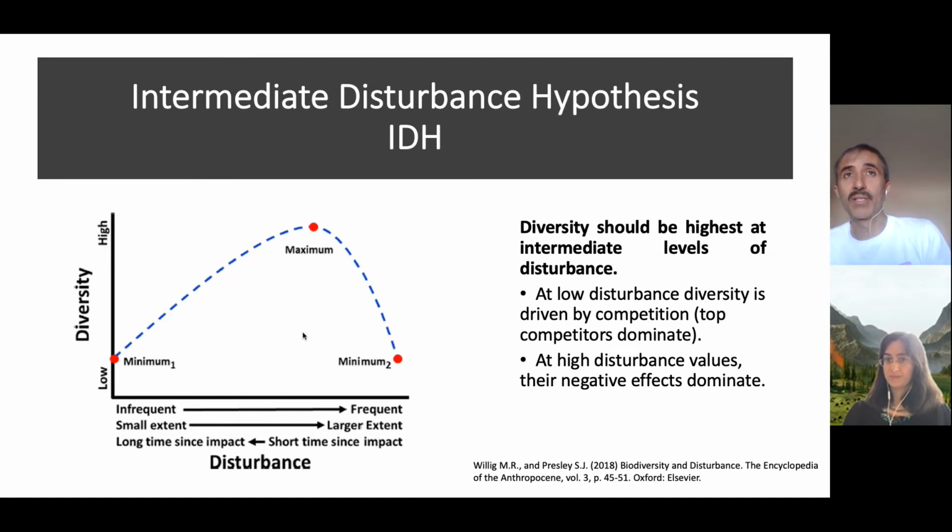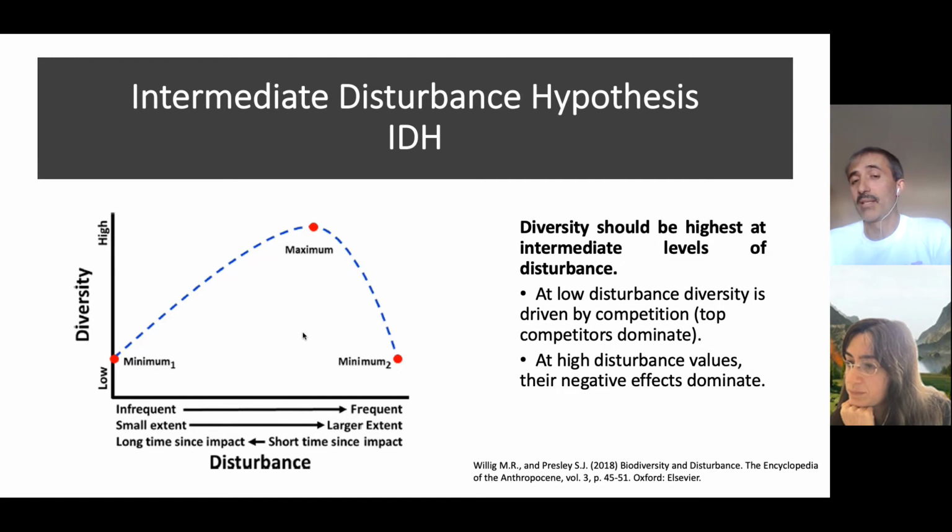Of course, if disturbances are too high, too frequent or of a large extent, then the only important strategy is to deal with fires, so biodiversity also goes down. That's the intermediate disturbance hypothesis: at intermediate disturbances, biodiversity is maximum.